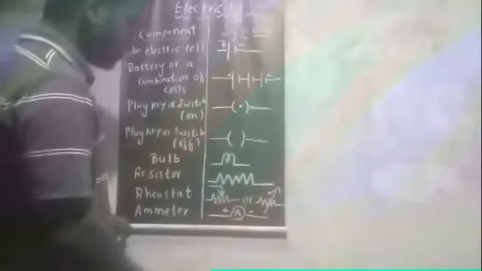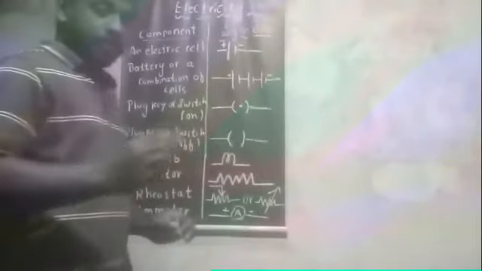Okay, after that, rheostat. The rheostat symbol is very simple. There are two kinds of symbols for the same rheostat. One is you draw a resistor, then an arrow mark, or draw a resistor and put a cross line with an arrow mark.